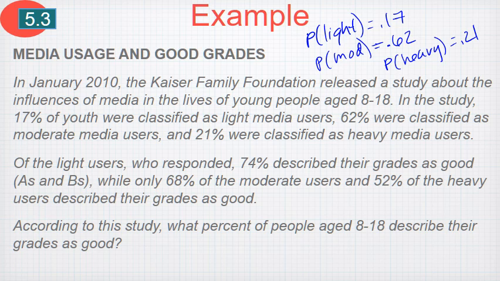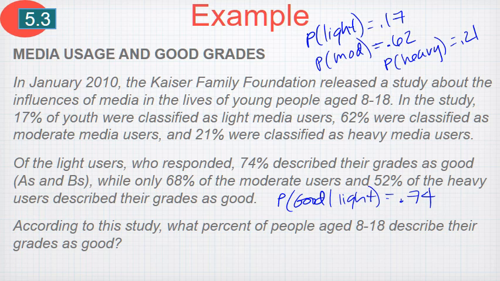Okay, so we have, of the light users who responded, the grades that were good. So this is a conditional probability. So this is the probability that someone has good grades, given that they are light users, right? 0.47. Okay, so that's right there.